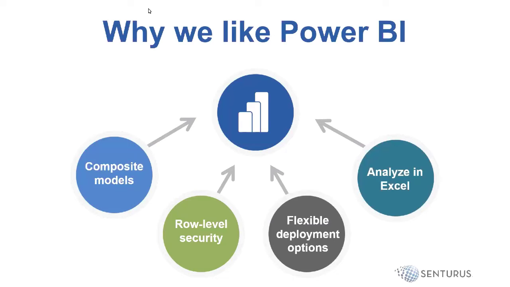Next, security related is row level security. This is the idea of slicing data so that departments could only see their data, or business units could only see their business unit, things like that, as well as access to the workspaces and the audit trails that come built in with Power BI and the Microsoft suite. You get flexible deployment options, both from an on-prem and hosted service scenario, mobile app delivery, all sorts of things like that.